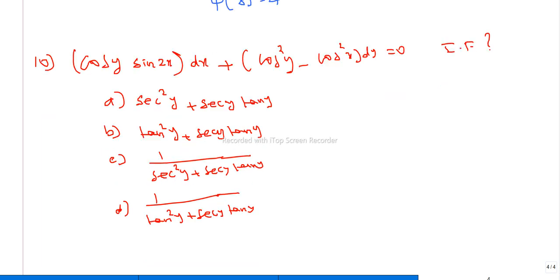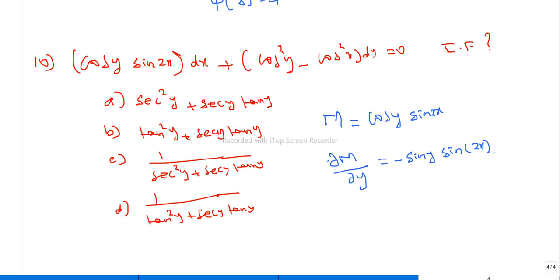So how to solve this one? First you have to write M and N, and then you have to find dou N by dou x. So M equal to cos y sin 2x. Now we can find dou M by dou y. You can fix x as a constant, therefore the derivative of cos y is minus sin y. Sin 2x is fixed because x is constant here.